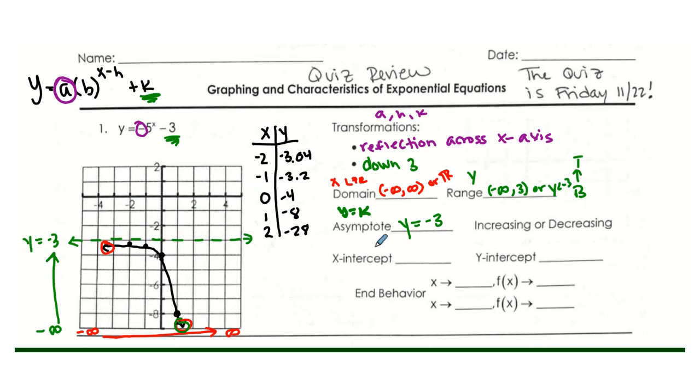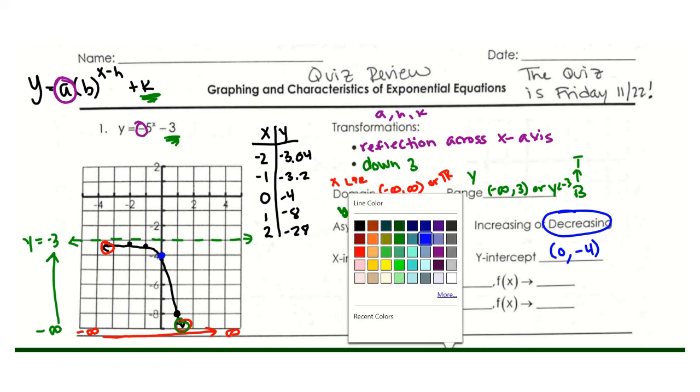So I'm never going to cross my x-axis, so I don't have any x-intercepts. To figure out if it's increasing or decreasing, you trace your graph from left to right. From left to right, it's going down, so it's decreasing. Your y-intercept is where your graph crosses your y-axis. Well, that's crossing right here at the point 0, negative 4.